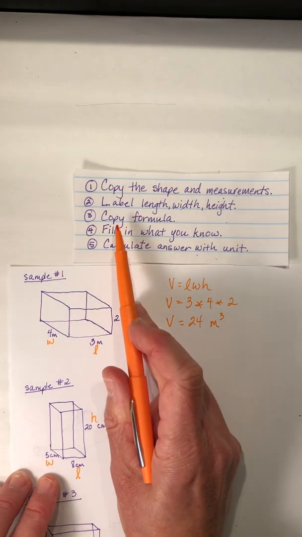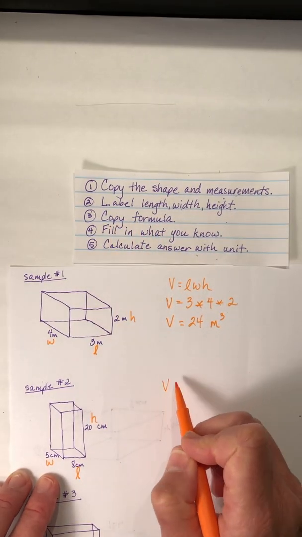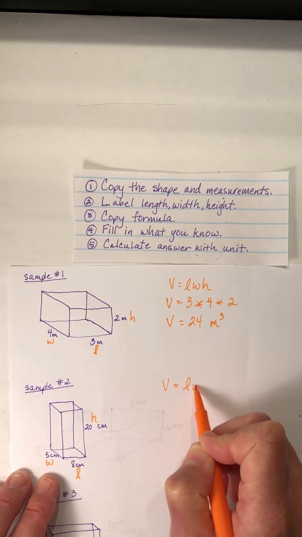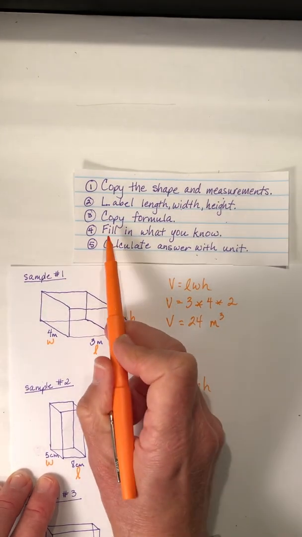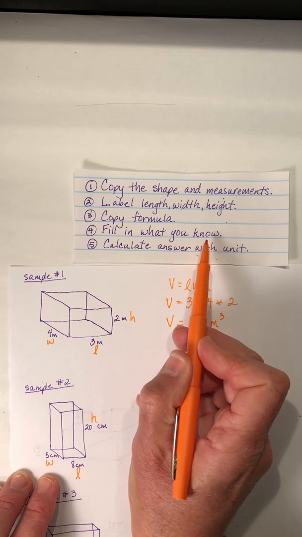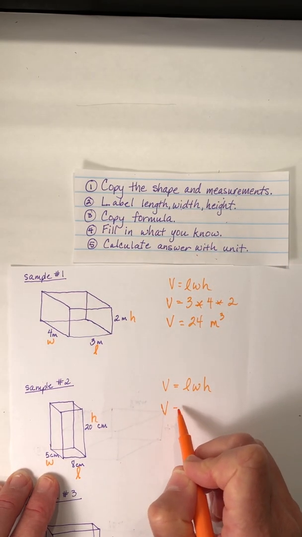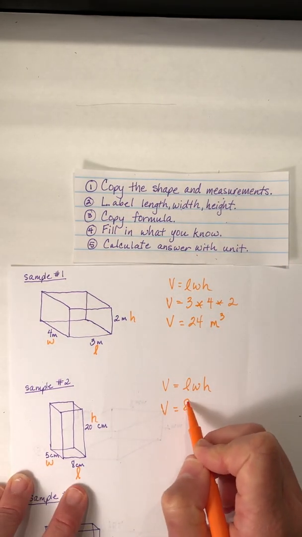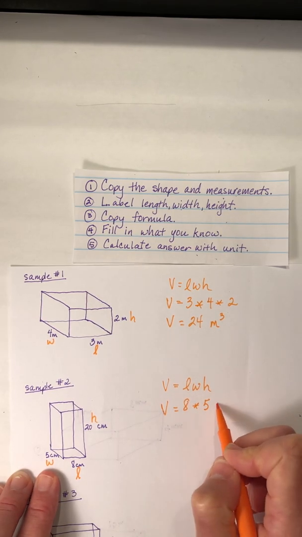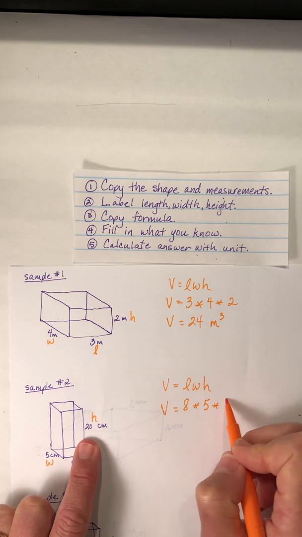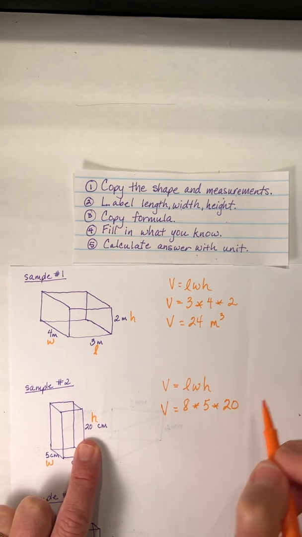So we're ready to copy our formula. Volume equals length times width times height. We're ready to fill in what we know. This is step 4. Volume equals my length of 8 times my width of 5 times my height of 20.